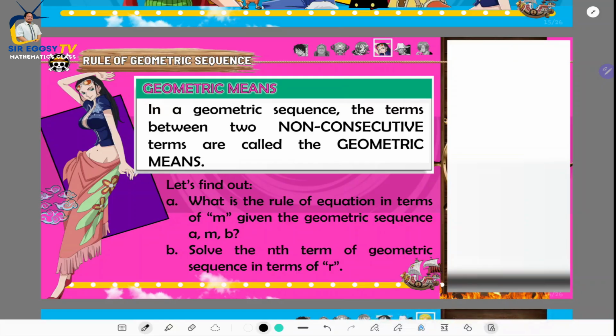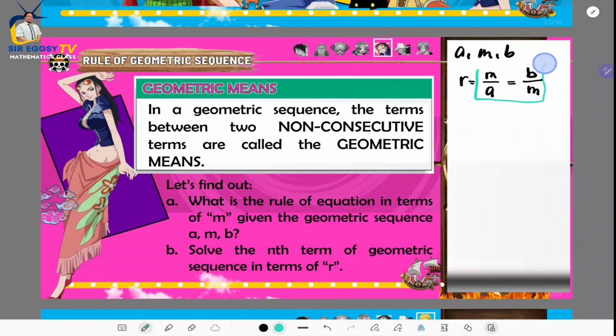Let's find the rule for the equation in terms of m given the geometric sequence a and b. So in this case, we have a, m, and b, and those are the terms in the sequence. So if we want to find the common ratio, it's just m over a, or this is also equal to b over m.